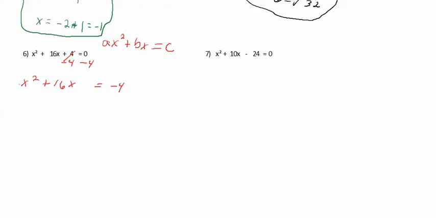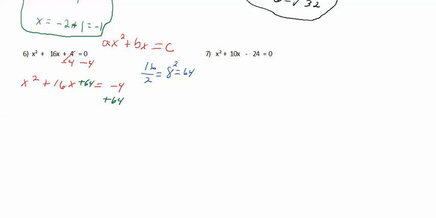Take 16, I'm going to do a little bit of math work over here, divide it by 2, and I get 8. Take 8, square it, I get 64. And I'm going to take that 64 and add it to both sides. 64, and I'm going to add 64.